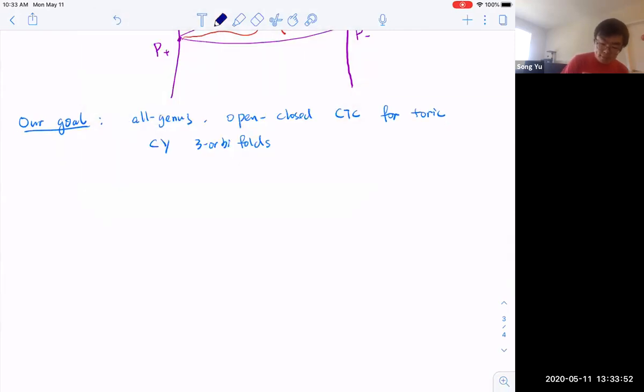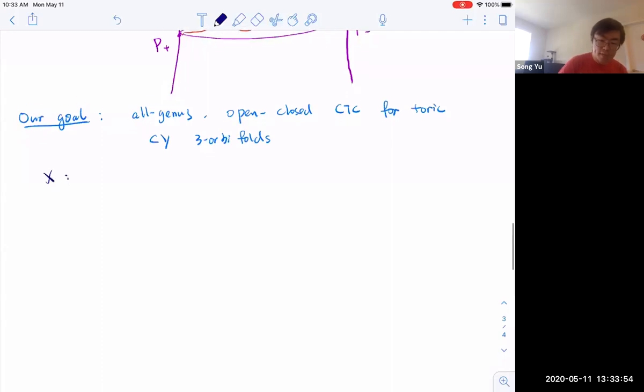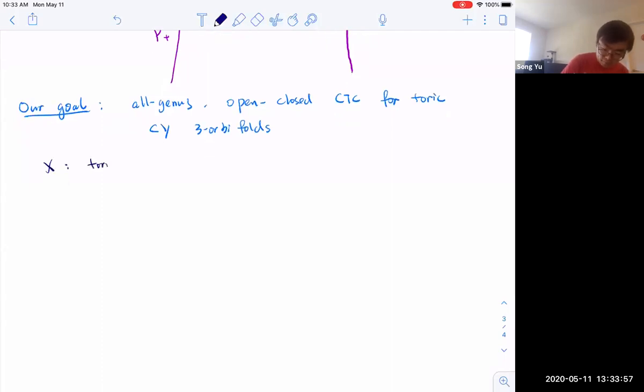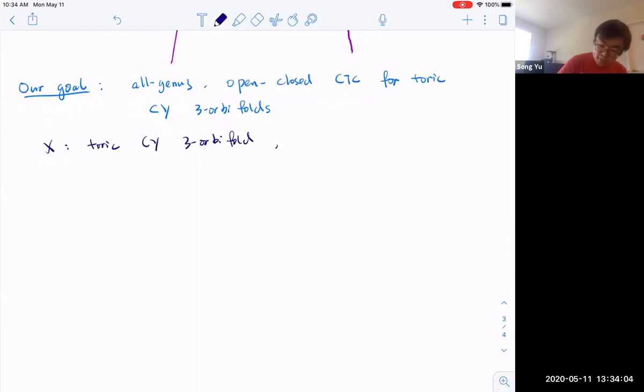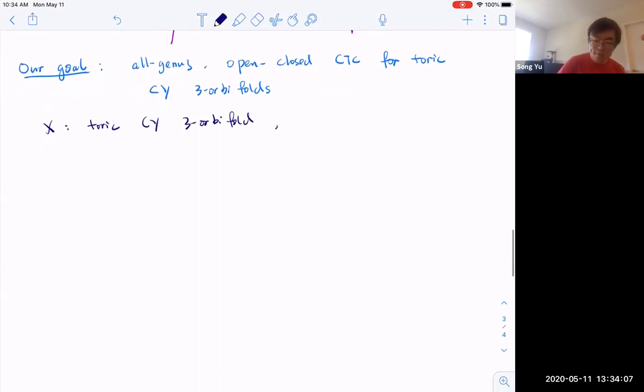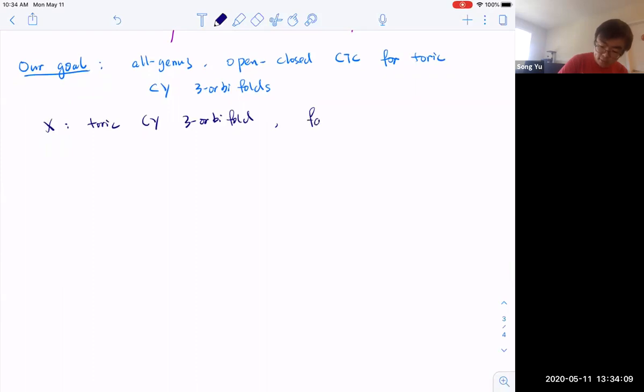So in our setup, we now focus on a toric Calabi-Yau 3-orbifold X. In this case, the toric combinatorics is very simple because the fan of X is given by the cone of a regular triangulation of a polygon or a lattice polygon.